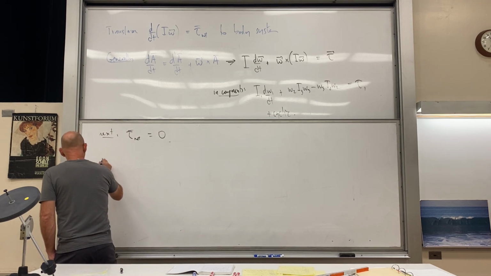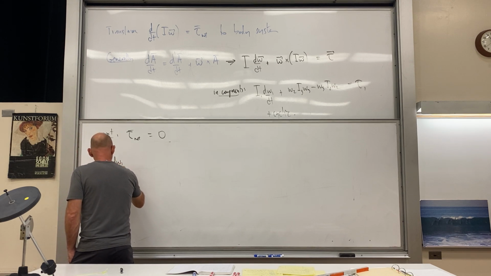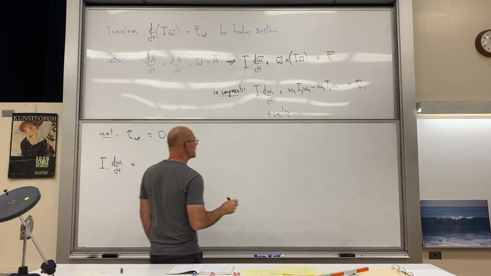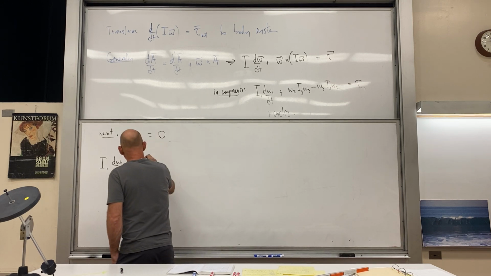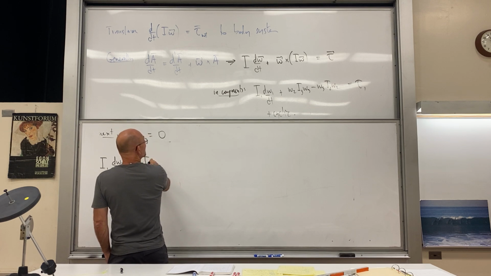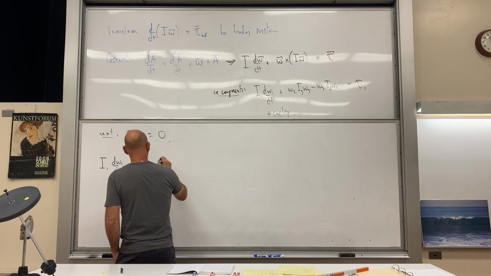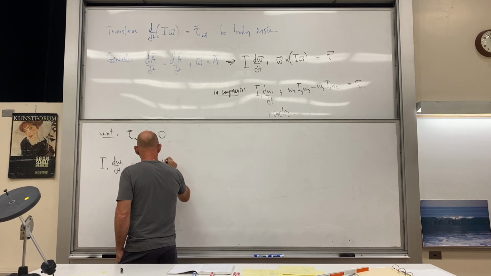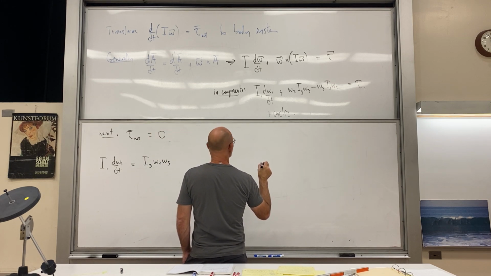So we'll have I1 d omega 1/dt. We'll bring the other stuff to the other side, so it'll be I3 omega 2 omega 3 minus I2 omega 2 omega 3.